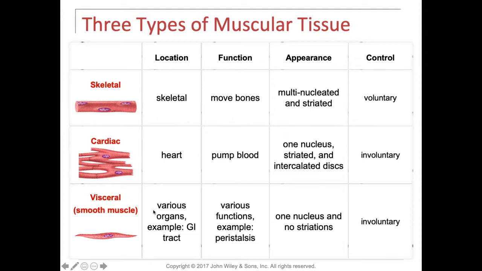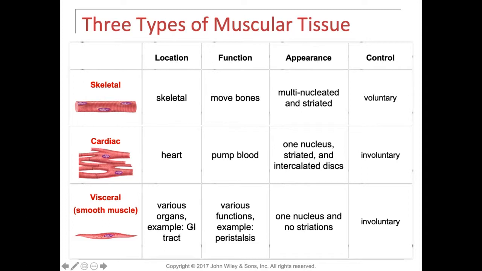Why is it referred to as visceral? Because it is found where our viscera is, and viscera refers to organs, just like the GI tract, the gastrointestinal tract. What are some of the functions of smooth muscle? Well, smooth muscle is muscle that we find around the trachea, around the small intestine, large intestine, stomach, arteries.